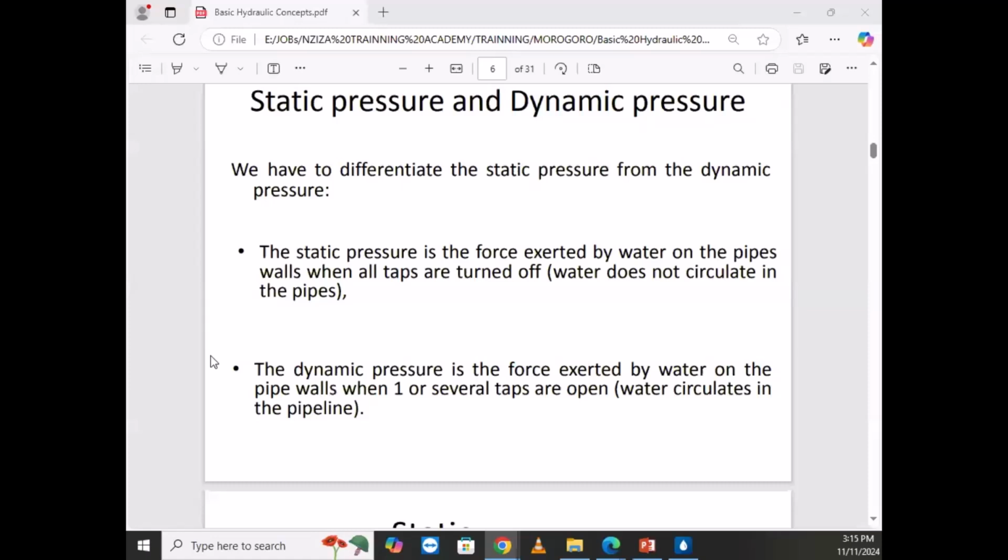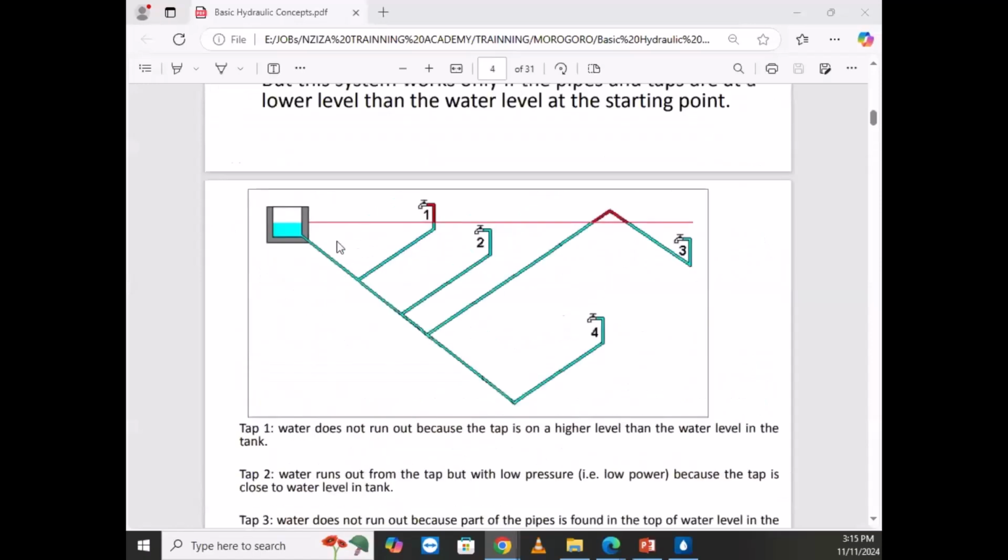The water is in a static situation, so the pressure exerted by that water is static. Even if water is not moving, time by time it will reach the static level.